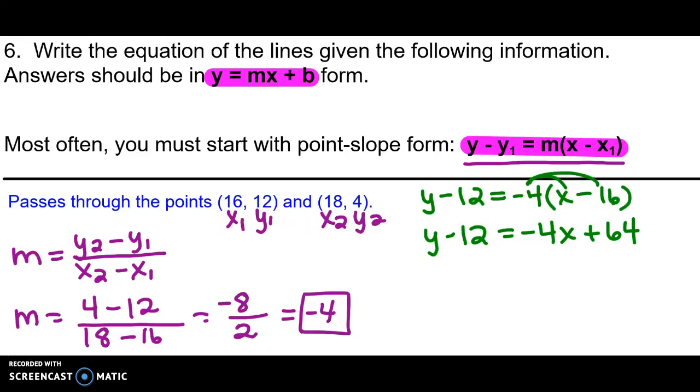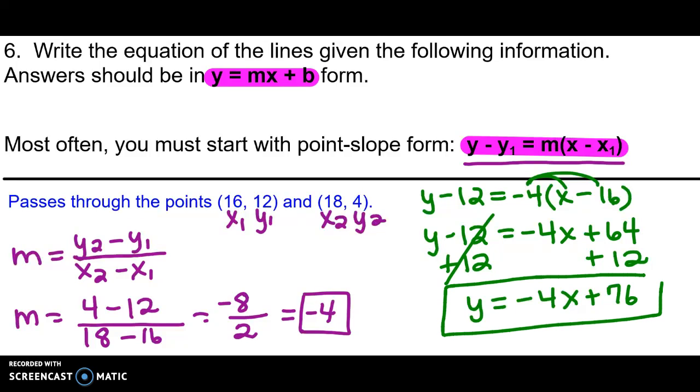Remember, we need to isolate the y, so we need to get rid of the -12, and we'll do that by adding 12 to both sides of our equation. Those 12's cancel, and we are left with -4x plus 76. And that's the equation of this line.